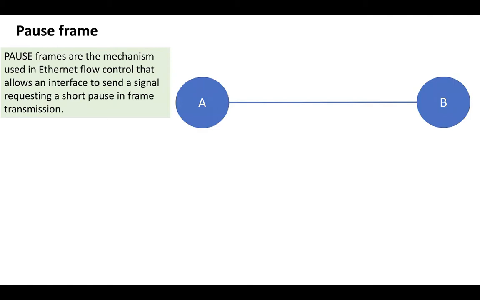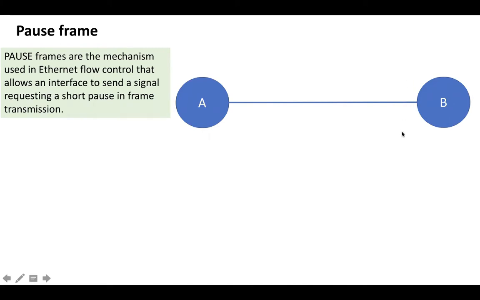Pause frame is a mechanism which is used in Ethernet flow control. Pause frame allows a receiver to ask the sender for a short pause in data transmission. To understand this better, let's take an example. Let's say communication is happening between device A and device B. Device A is acting as a sender, device B is acting as a receiver. Now, let's assume that RxQ on device B becomes congested.